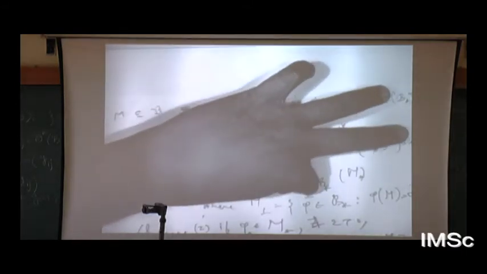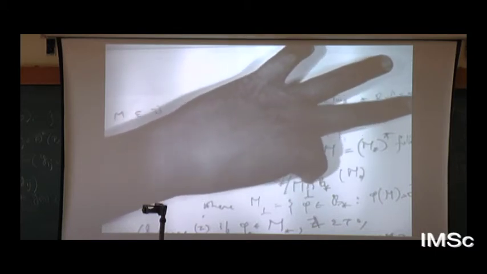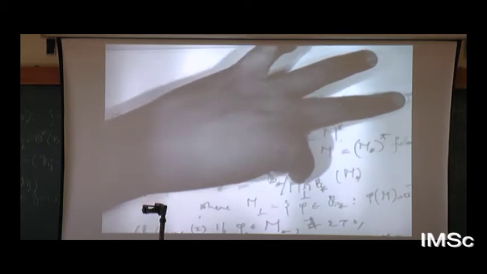That means X star mod M perp is isomorphic to M upper star. So if it is in the dual of this, it must be in B lower star upper star, which is just B.